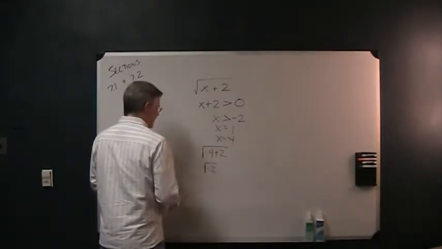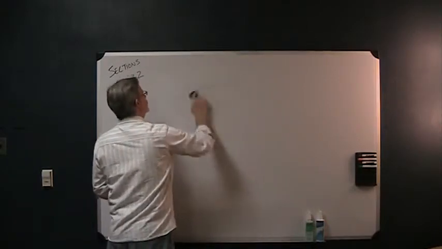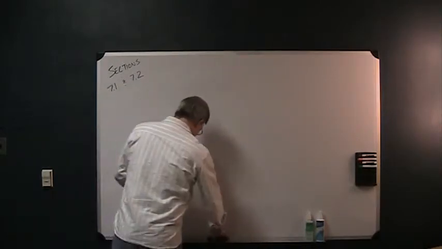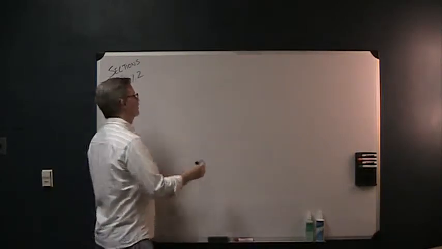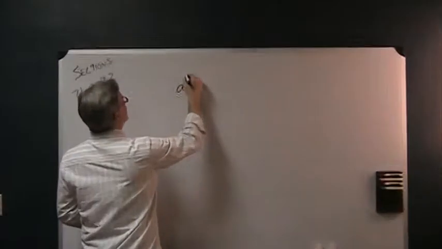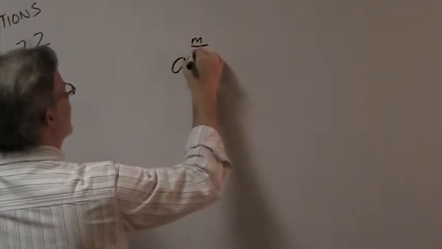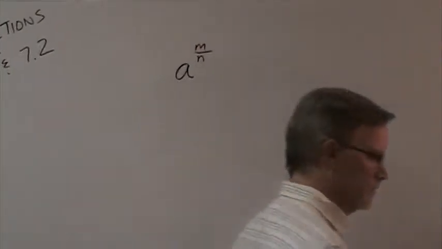But looking at section 7.2 is where I want to get to this sort of general formulation of dealing with roots. And very simply put, the general formulation of dealing with roots is you write it in the term of a to the m over n. Okay? A to the m over n.